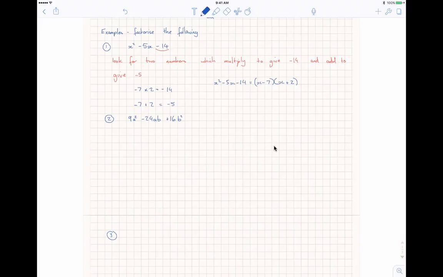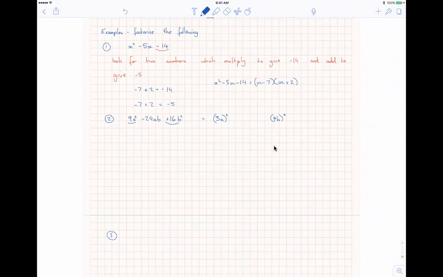The first step we should do is actually write each of these as squared terms. The first term here, 9a squared, is in fact 3a squared, because 3 squared gives us 9. And the final term is in fact 4b squared, because 4 squared gives us 16.